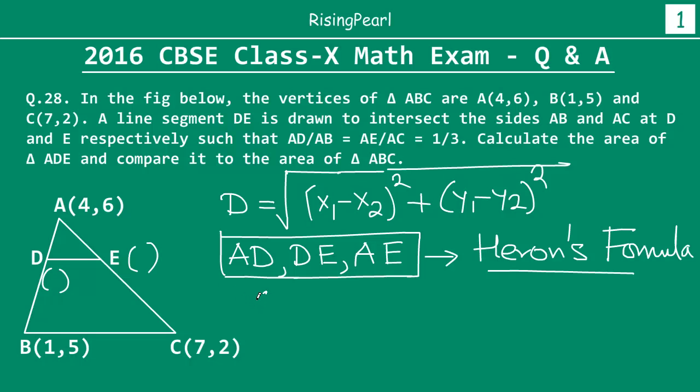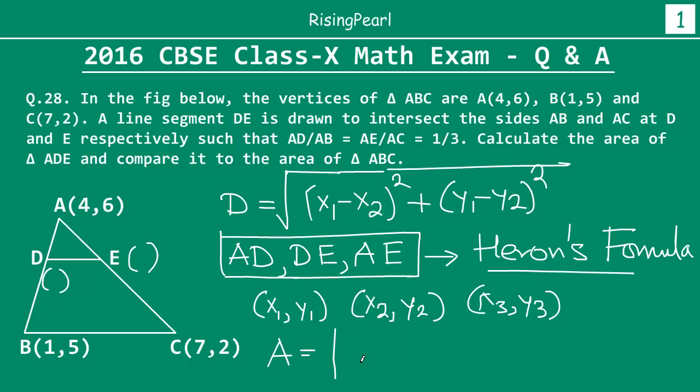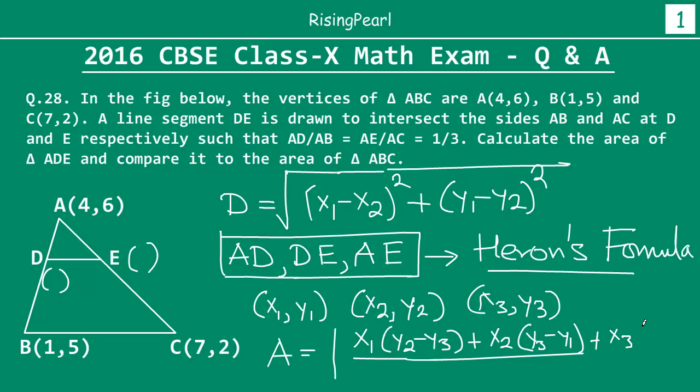If we have a triangle whose vertices are (x1, y1), (x2, y2), (x3, y3), then the area of that triangle is the absolute value of x1 times (y2 minus y3) plus x2 times (y3 minus y1) plus x3 times (y1 minus y2), this entire thing divided by 2.